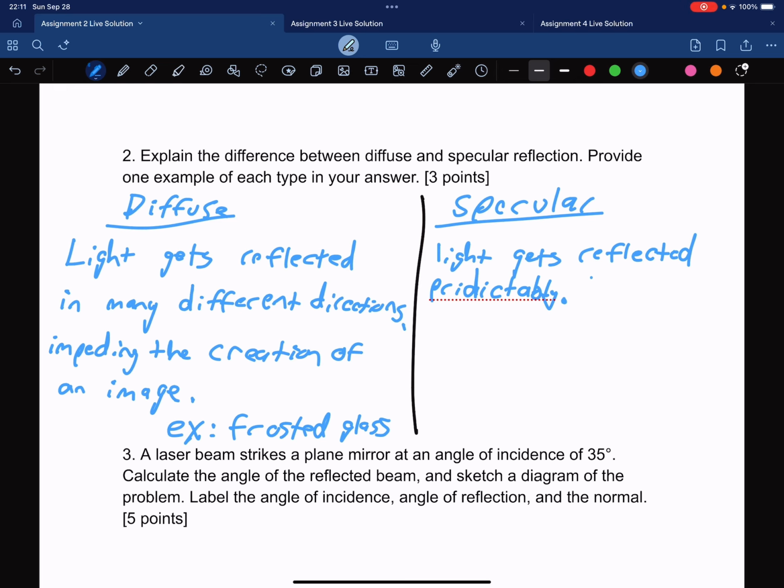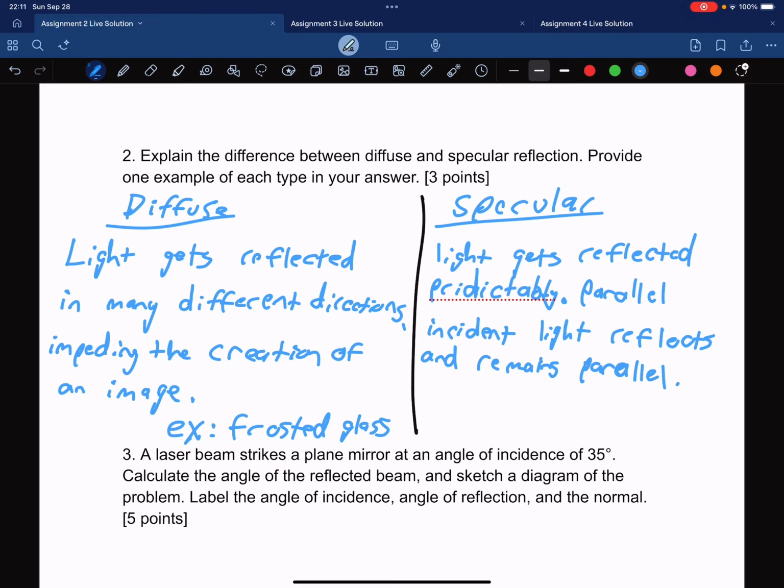Parallel incident light reflects and remains parallel.